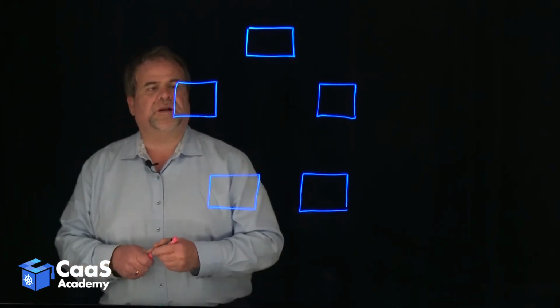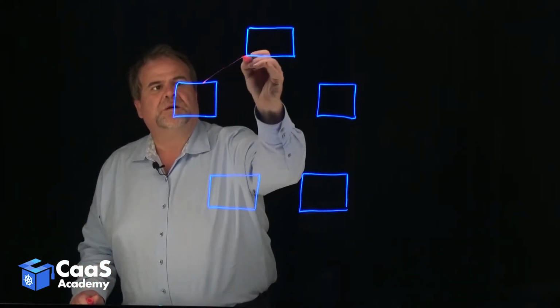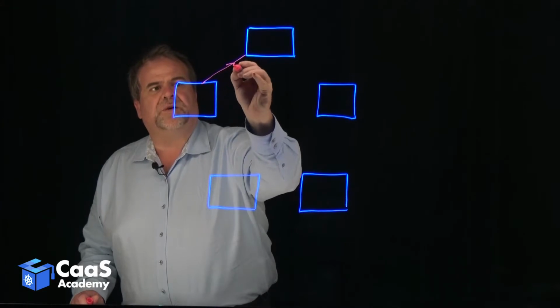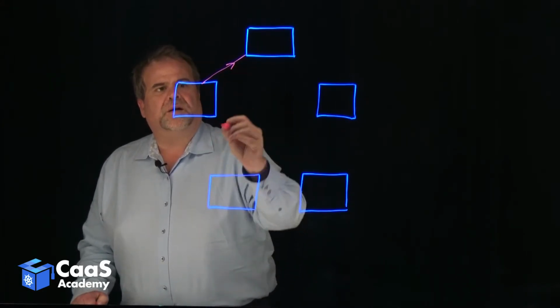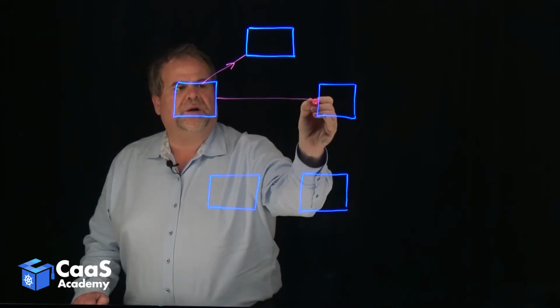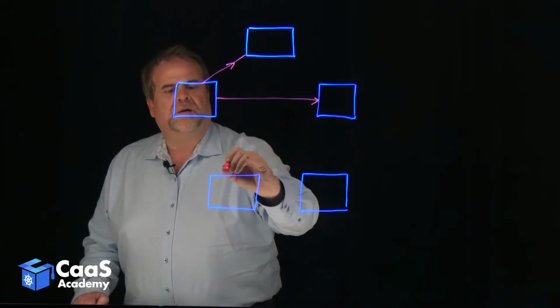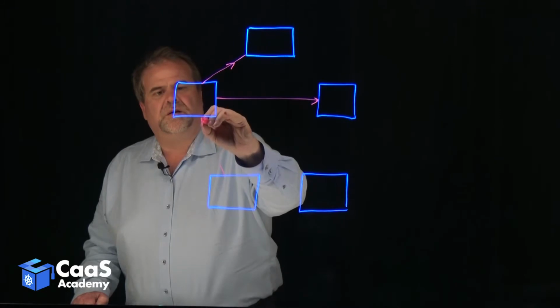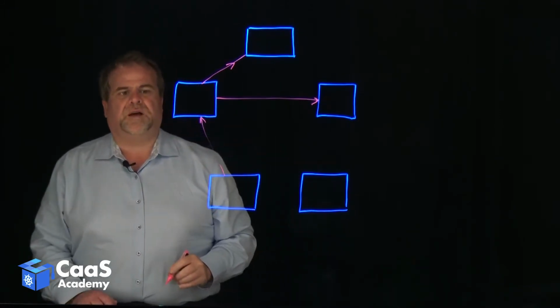So I've got the red application, and the red application needs network connectivity going that way, and it has network connectivity going that way, and this is the inbound to that application.